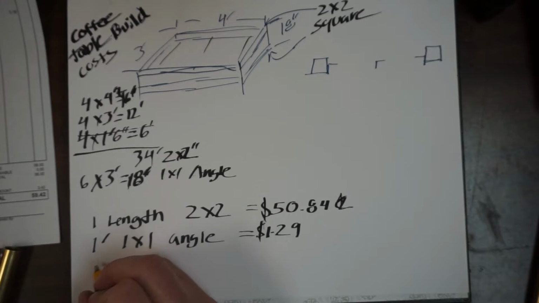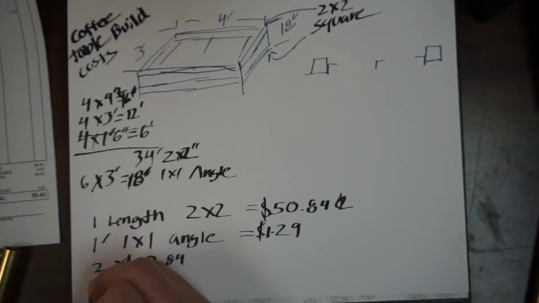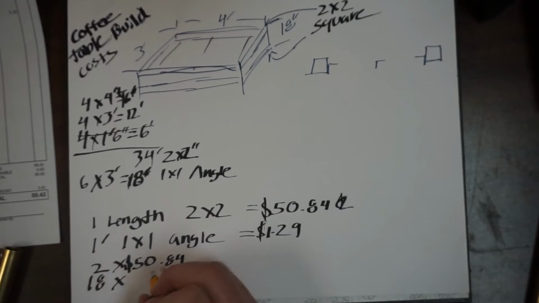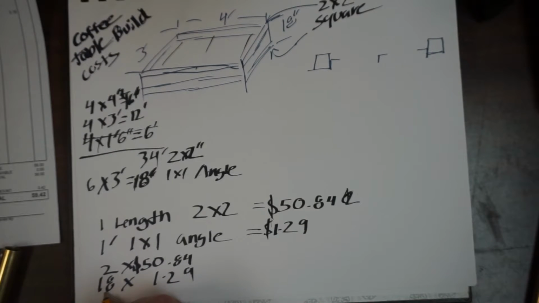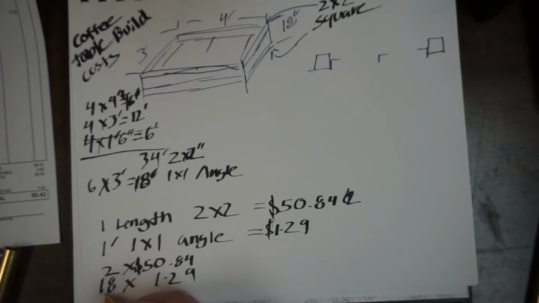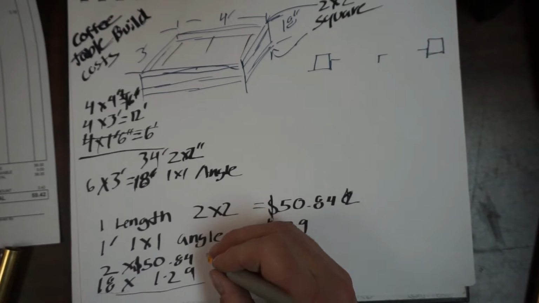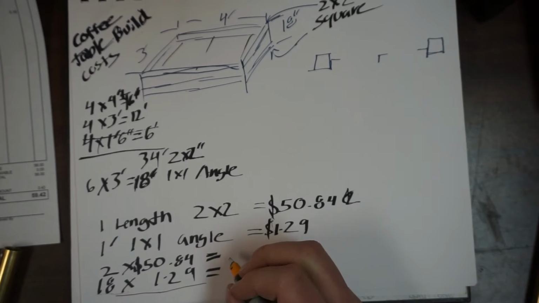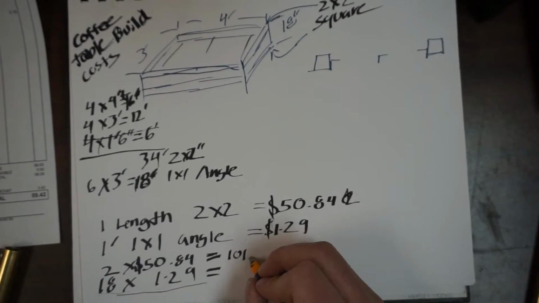So we need 2 at $50.84 and 18 at $1.29. Two times 50.84 is going to be $101.68.